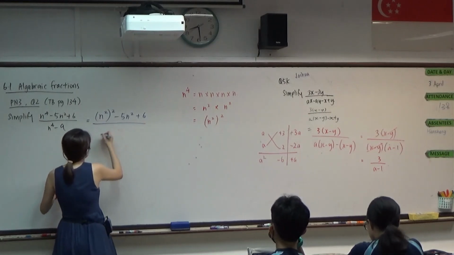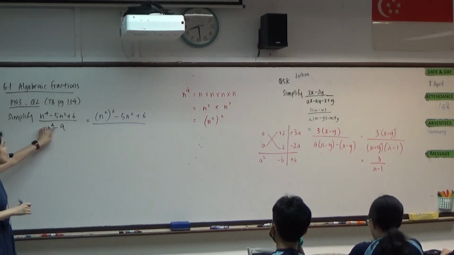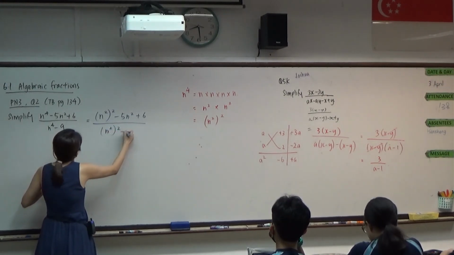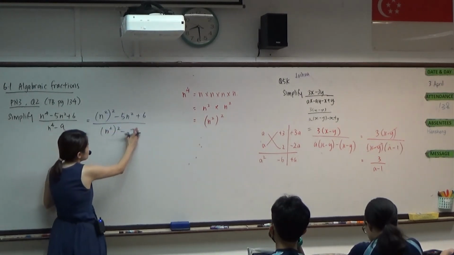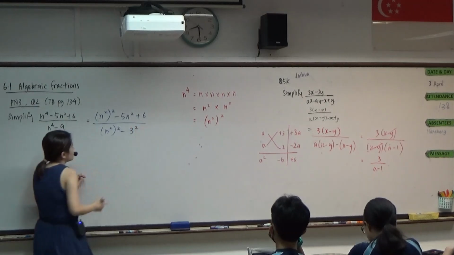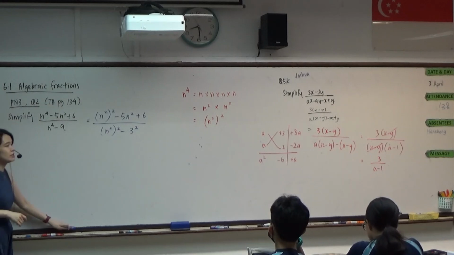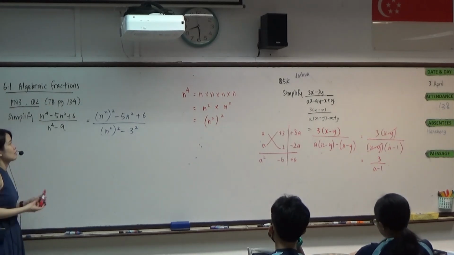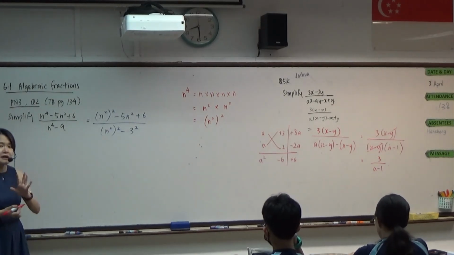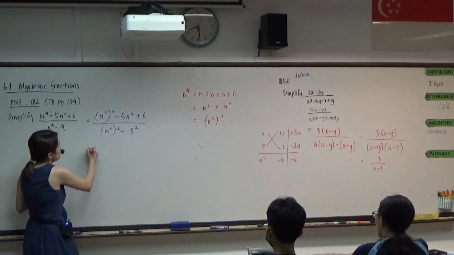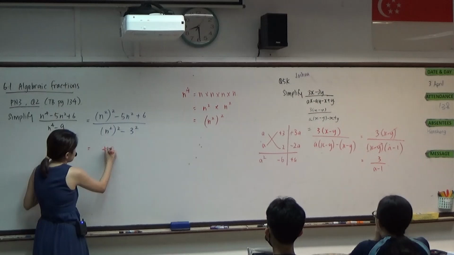Likewise, in the denominator, I also rewrite n to the power of 4 as n squared to the power of 2, minus 9, and we know 9 is 3 squared. So what do we see over here? Let's say I let my n squared be a star.